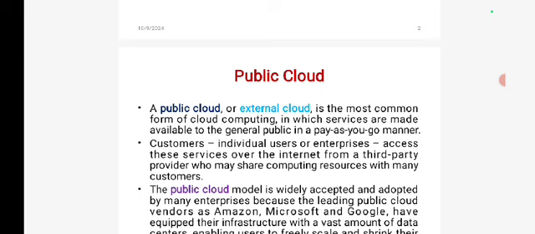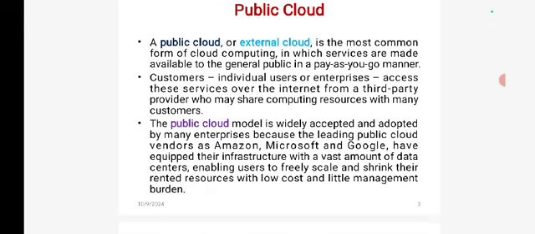Public cloud is also called the external cloud. It's the common form of cloud computing, in which the services are made available to the general public in a pay-as-you-go manner. The customers can be individual users or enterprises who can access these services over the internet from a third-party provider who may share these computing resources with many customers.